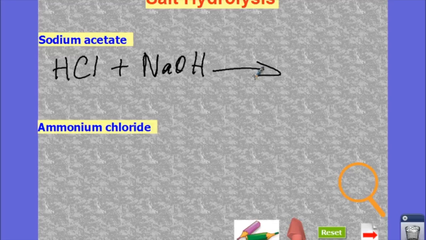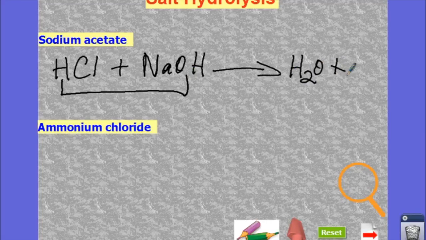This is not equilibrium, it is a neutralization equation. We said last class the hydrogen from the acid will react with the hydroxide from the base to produce water, and the cation from the base will react with the anion from the acid to produce your salt.